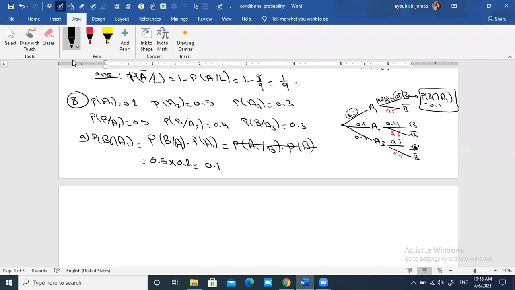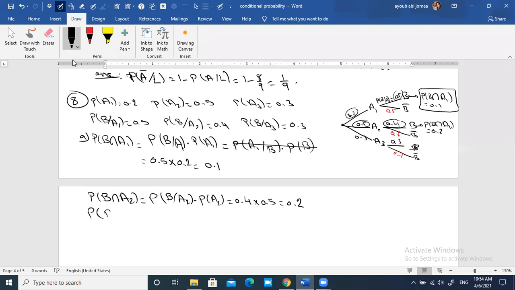What about probability of B intersection A2? It is B given A2 times probability of A2, 0.4 times 0.5. The joint probability is the probability times the conditional probability. You'll get probability of B intersection A2 as the product 0.4 times 0.5, which is 0.2.